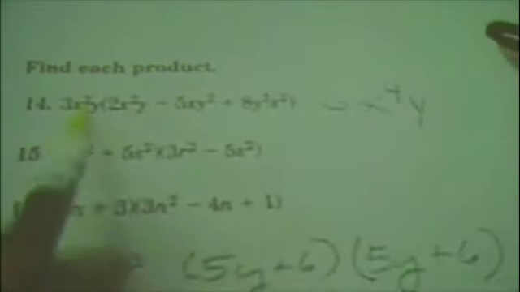So starting with this one, you're going to have to distribute, and you will get 3 times 2 is 6, x, 2 plus 2 is 4, y, 1 plus 1 is 2.